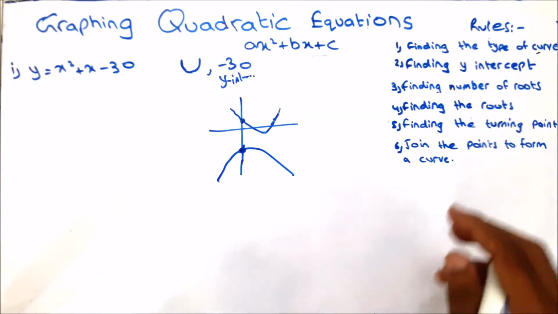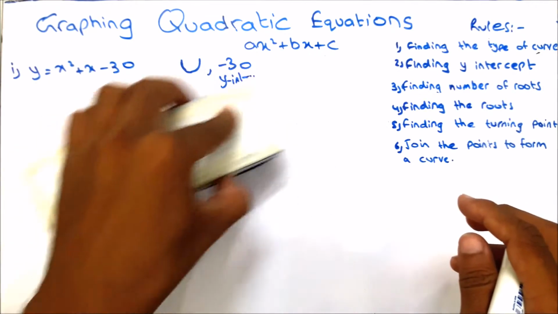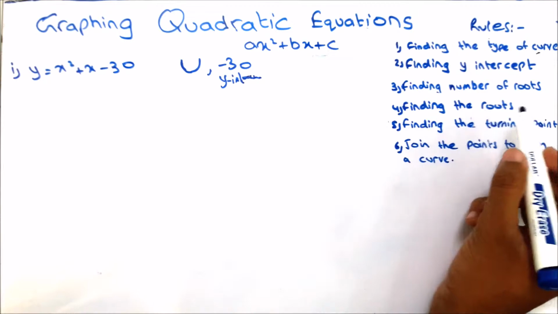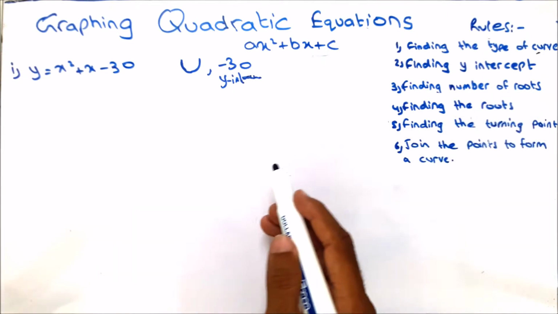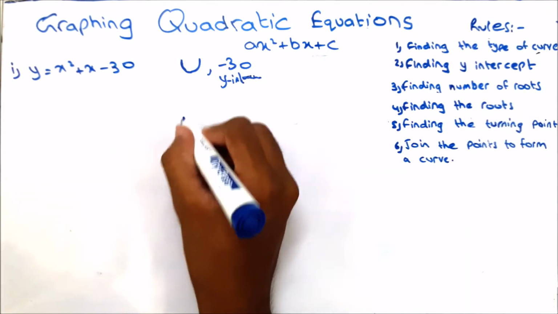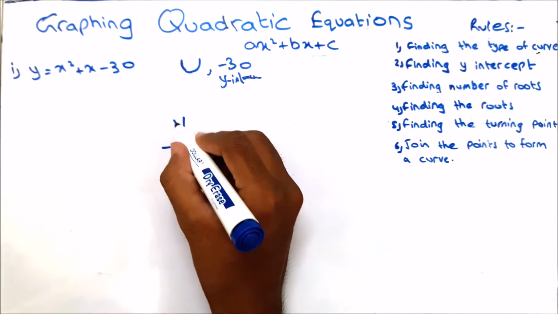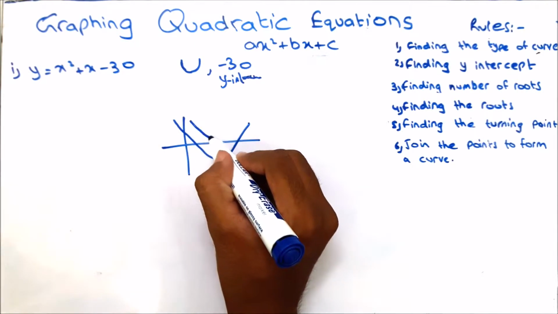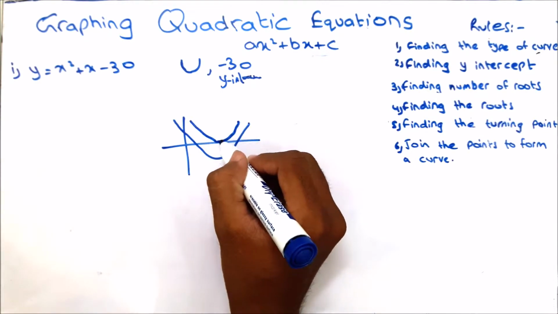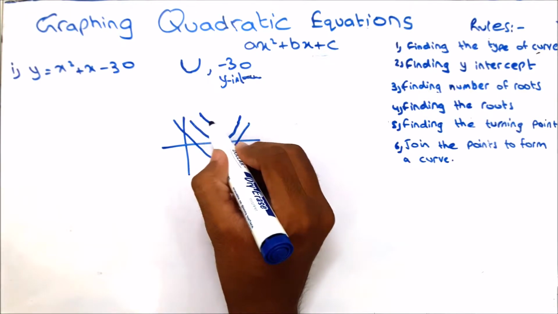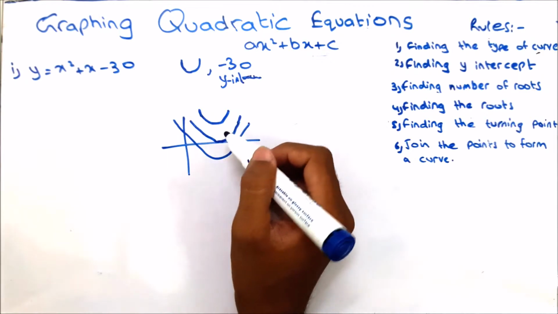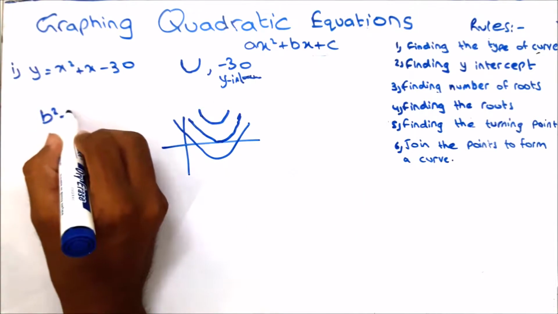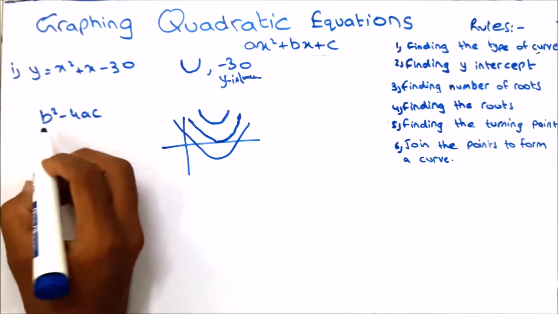Now we know our y-intercept. Let's move on to the third step. Our third step is finding the number of roots. A quadratic curve can be of three types. Either it can intersect the x-axis at 2 points, or intersect the x-axis at only 1 point, just touch it and go up, or entirely lie above the x-axis. We can know it by the b squared minus 4ac formula.